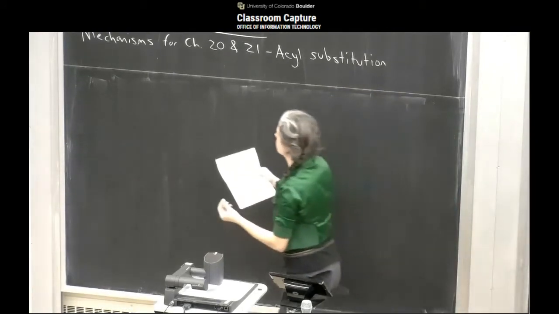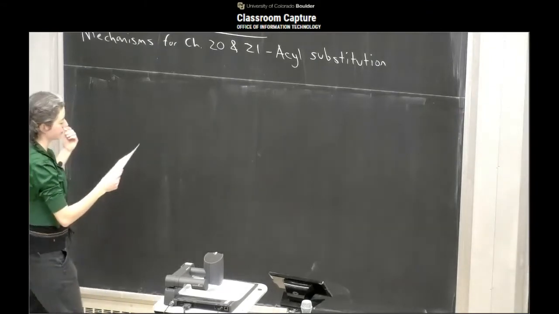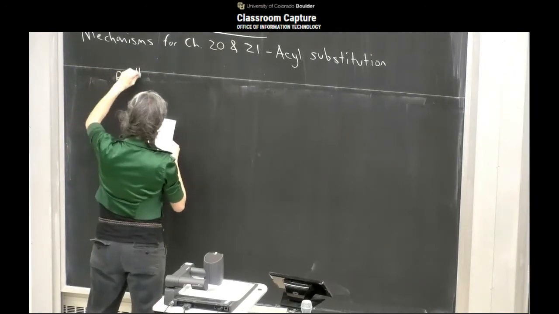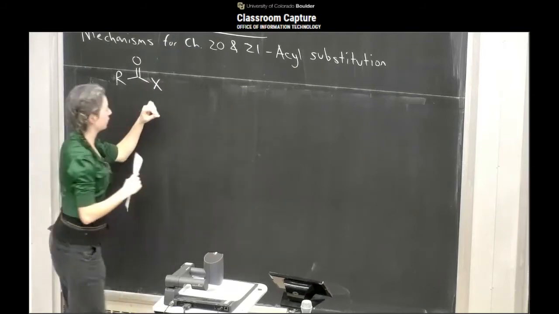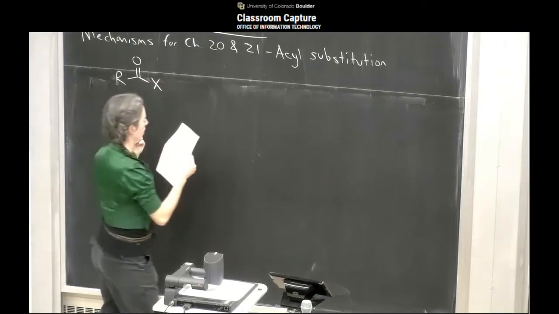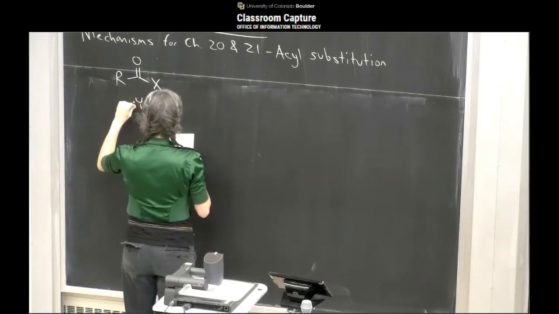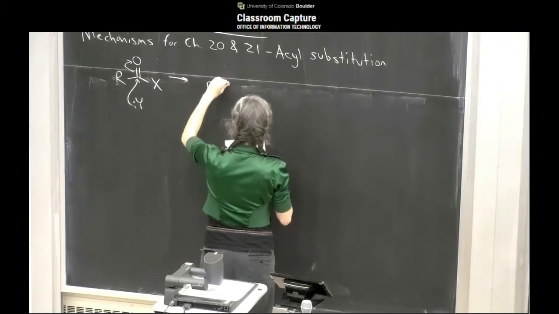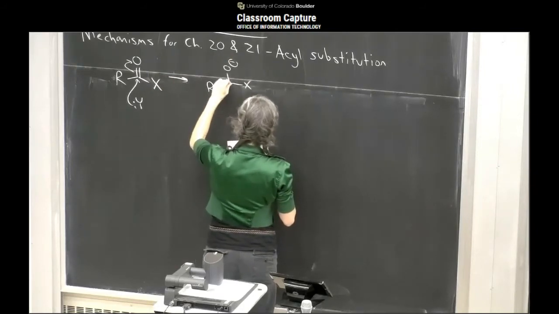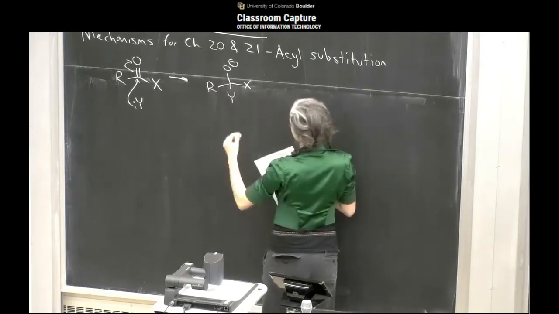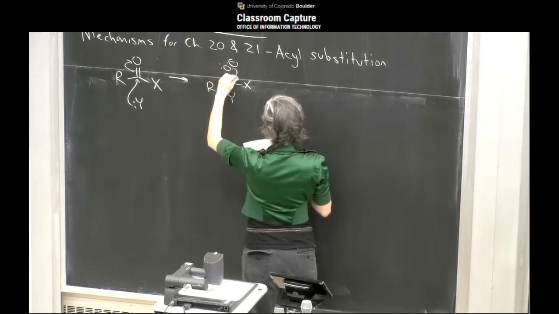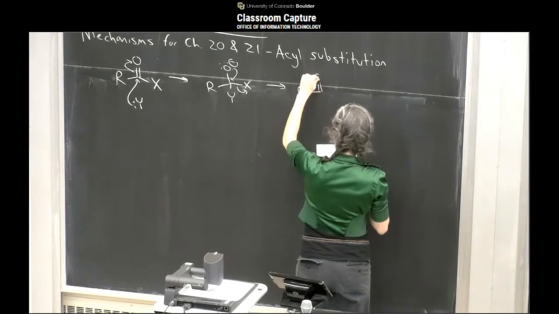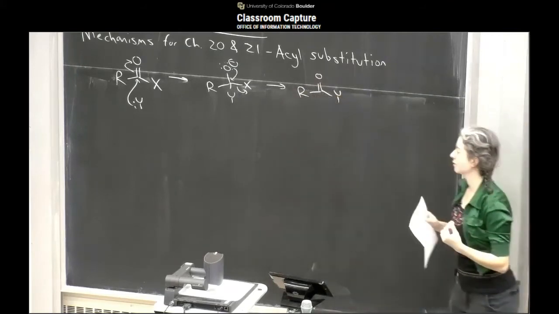Overall, what we're going to be doing to get back and forth between one carboxylic acid derivative and another, or the acid itself, is something along the lines of: we've got a carbonyl, we've got one leaving group on here, and we're going to bring in some nucleophile, kick up onto the carbonyl, and then when the carbonyl kicks back down, we're going to boot out one of the two groups. So we get our carbonyl back, but we've replaced what the leaving group is next to it.